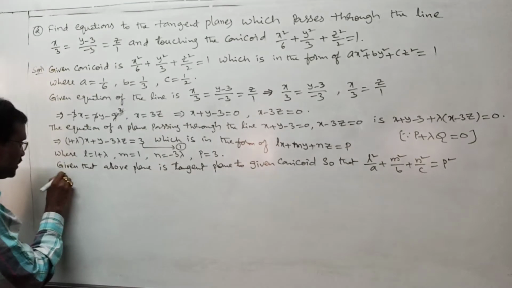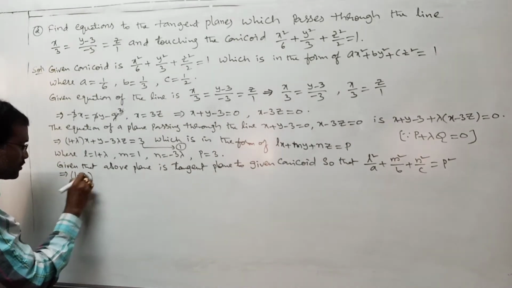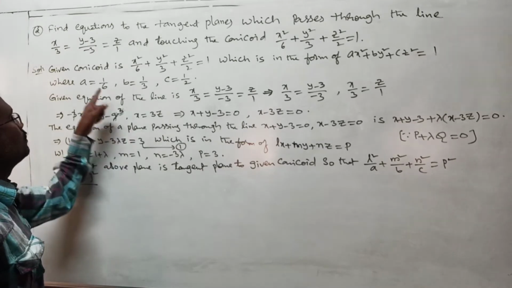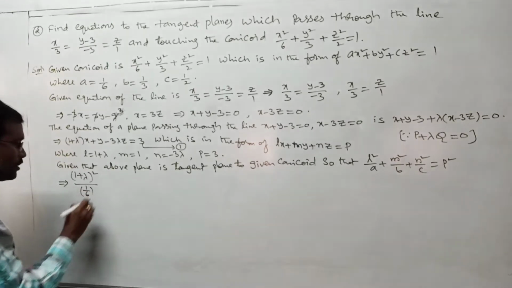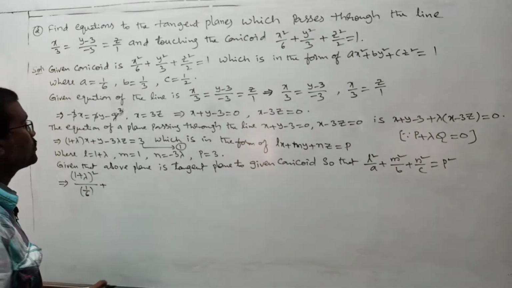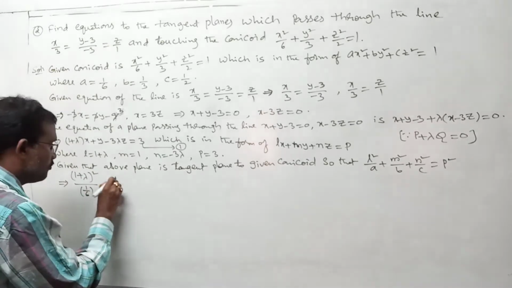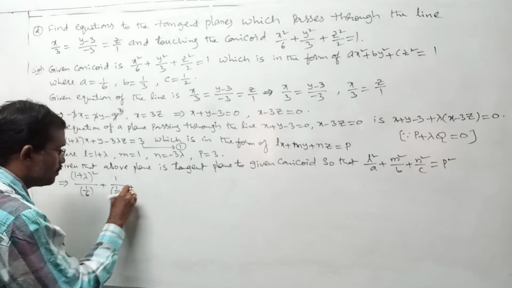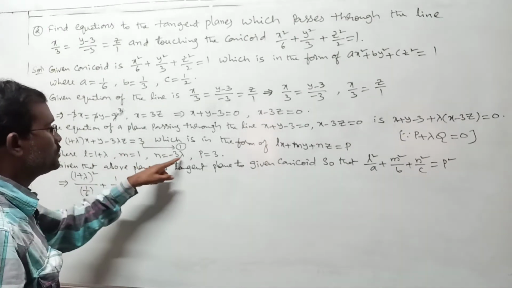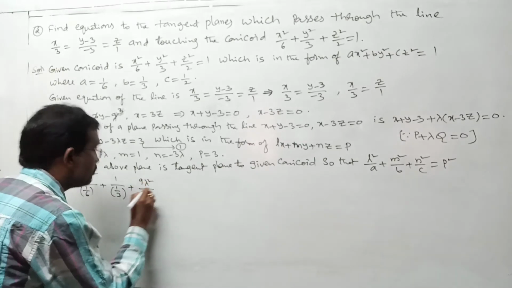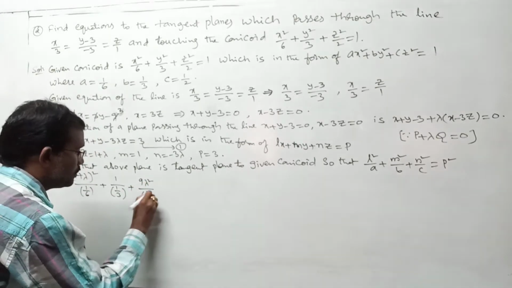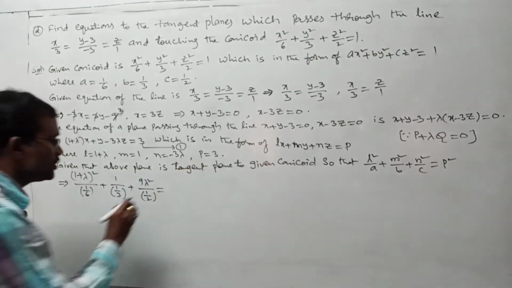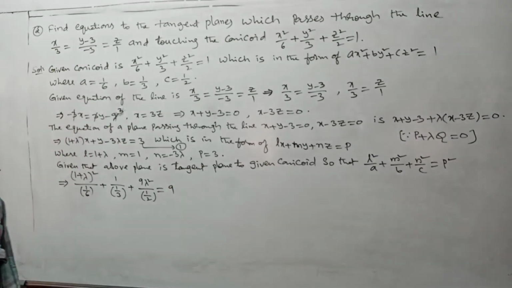This is L square, it is what? (1 plus lambda) whole square by A. What is A here? 1 by 6. Plus M square, M is what here? 1 by B, 1 by 3. Plus N square, N is how much? 9 lambda square by 1 by 2C is equal to P square. What is P here? Here P is simply 3, so it is 9. 3 square is 9, right?